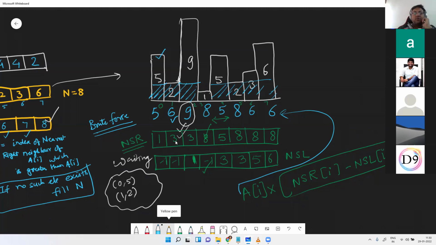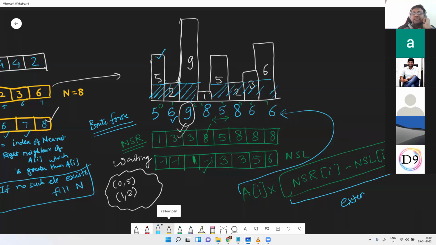Yeah. Now, if you have NSR says it can go up to 3 index, 3 is the boundary of it. Left side, it can go up to -1. That means we said 3 minus -1, -1. So this is 3, this is 3 plus 1 minus 1. This is giving you the width, how much it can be extended.